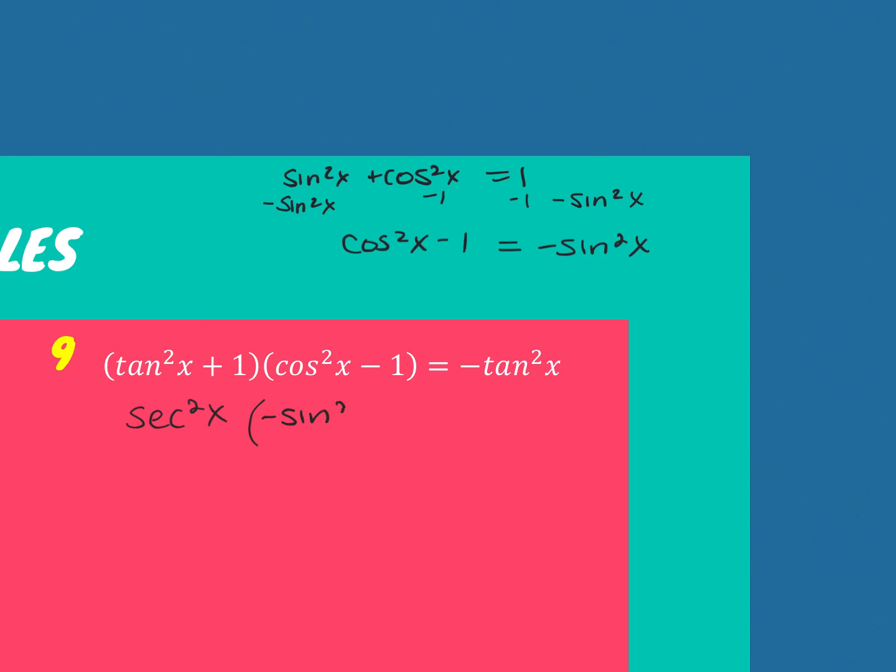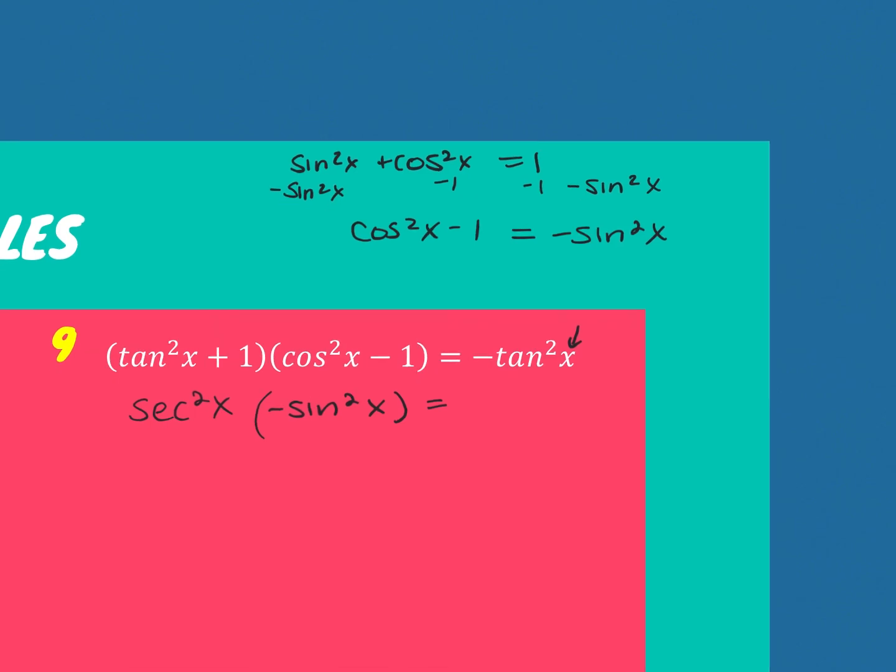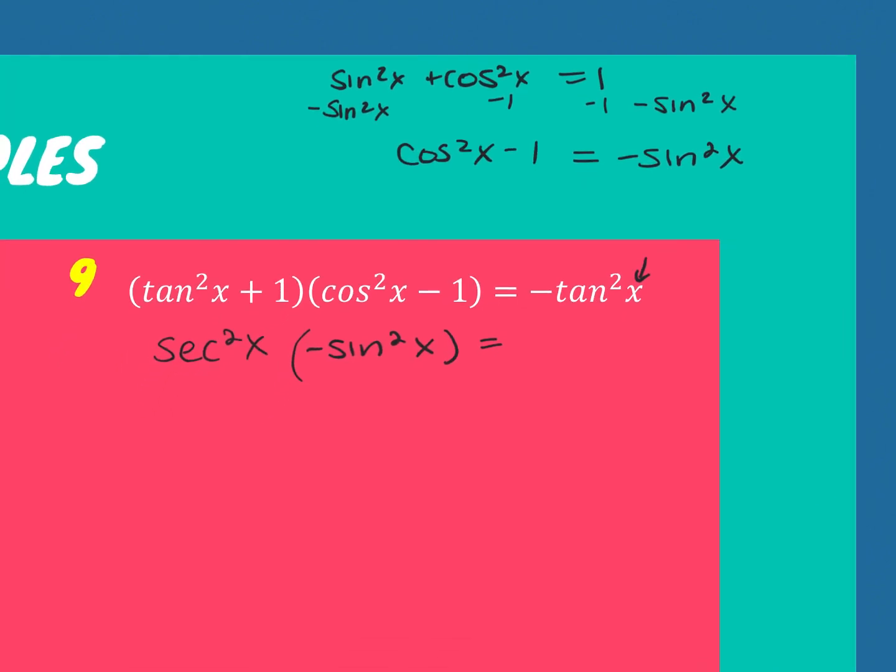For the even odd identities, those ones can't be squared, right? They can be, but the even and odd would have the negative on the actual angle itself. So it would say tan squared of negative x, and then you would know to make that negative tan squared of x. All right, now what?